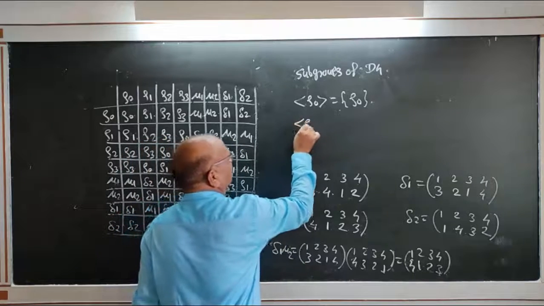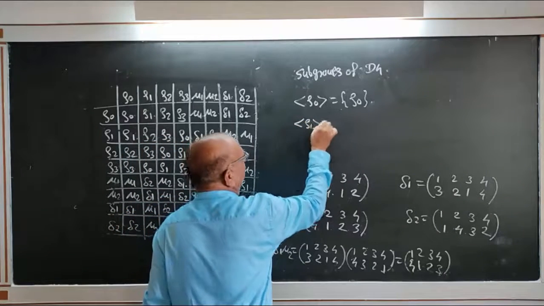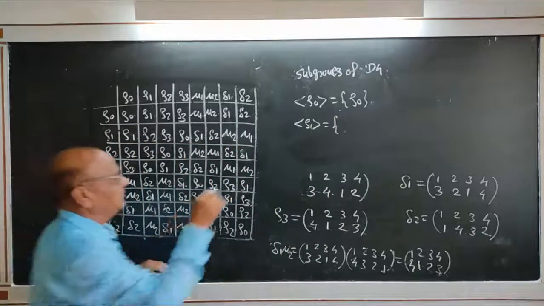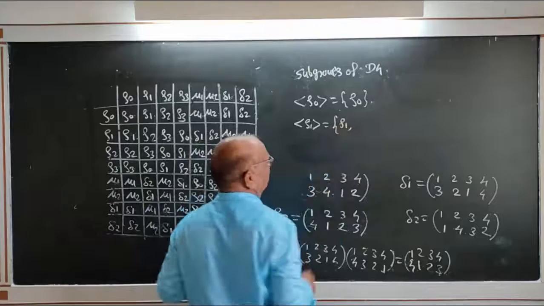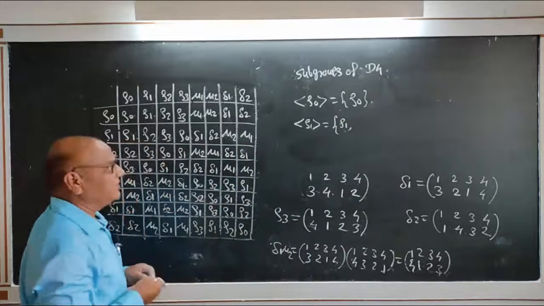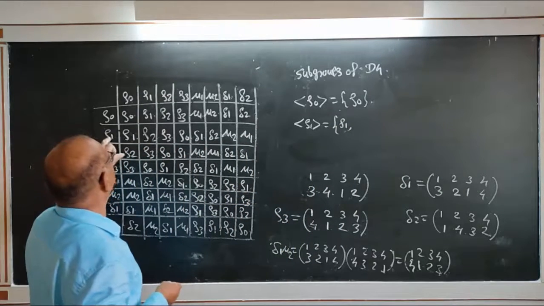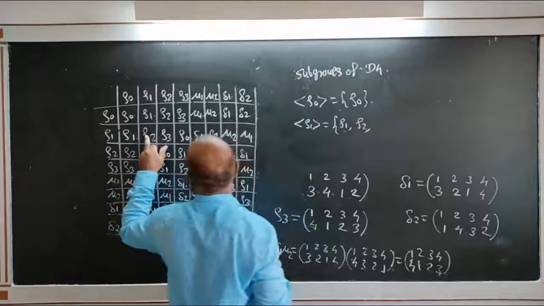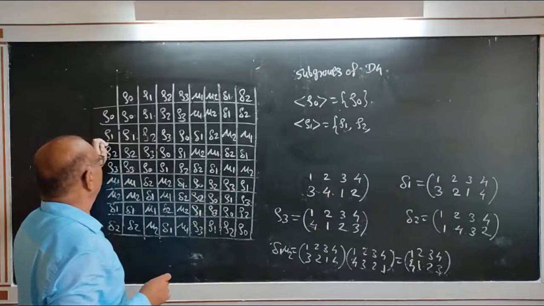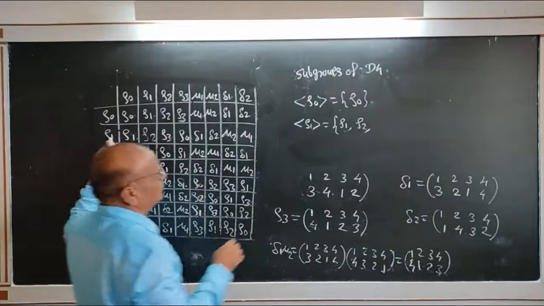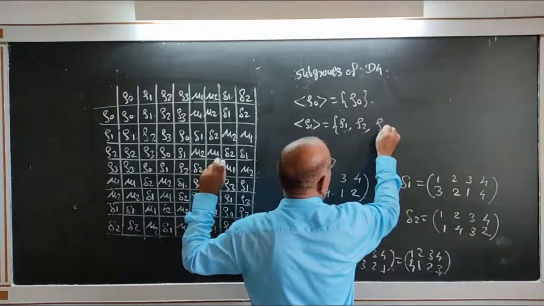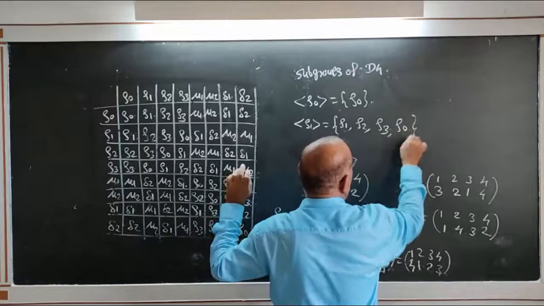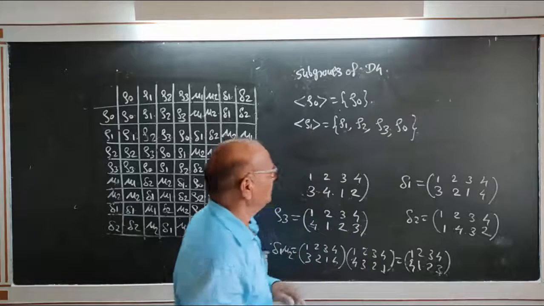Now the subgroup generated by row 1: the first element is row 1. Row 1 into row 1, that means row 1 square. Row 1 square is row 1 into row 2. Then row 1 cube, row 3, and row 1 raised to 4 is row 0.